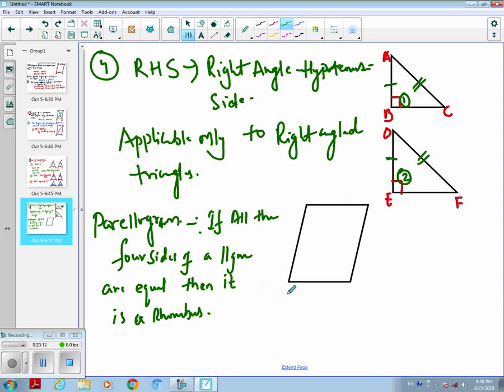We are given a parallelogram ABCD, then AB is equal to BC is equal to CD is equal to AD, then it is a rhombus. This is another property.